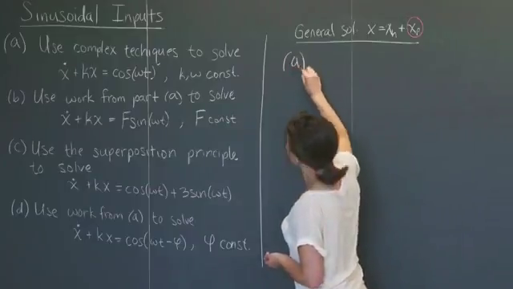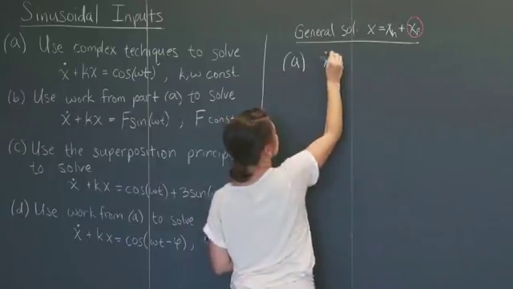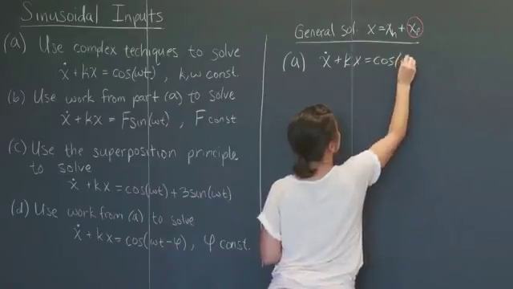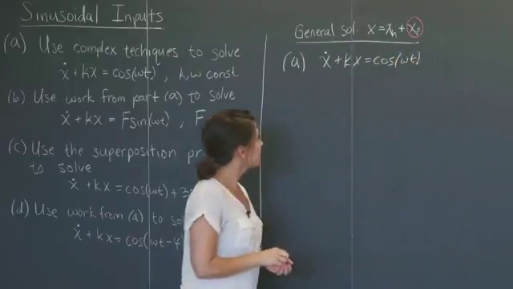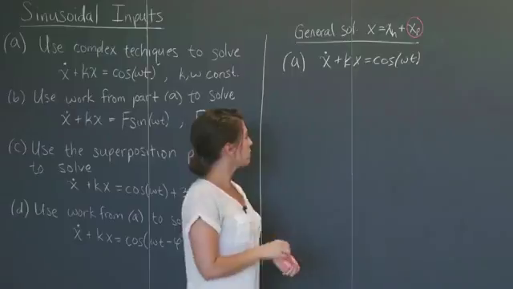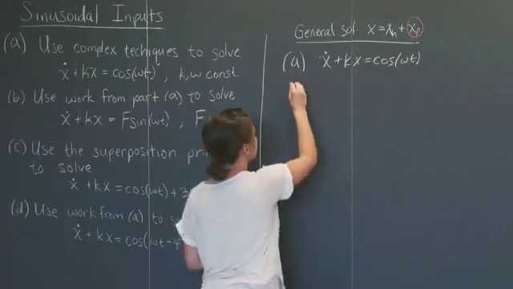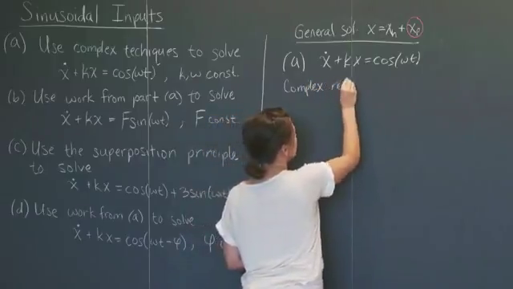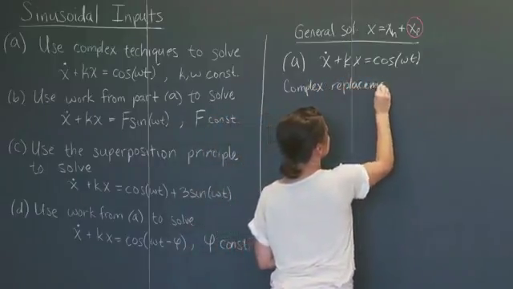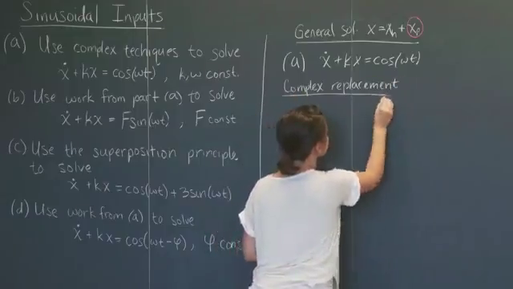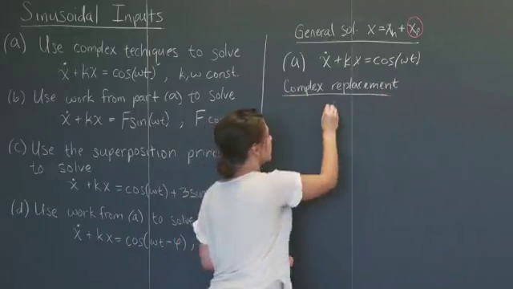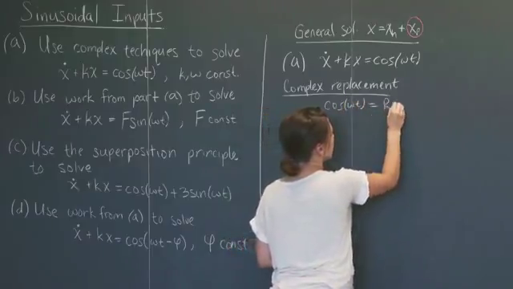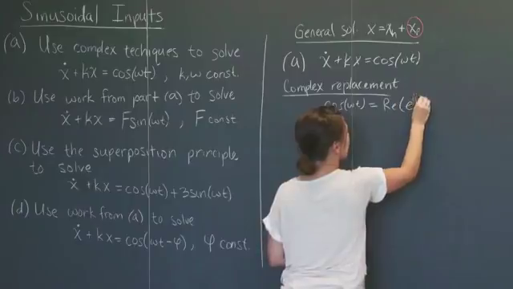For Part A, our ODE is x dot plus kx equals cosine omega t. To solve this, we're going to use complex replacement, by realizing that cosine of omega t is equal to the real part of e to the i omega t.